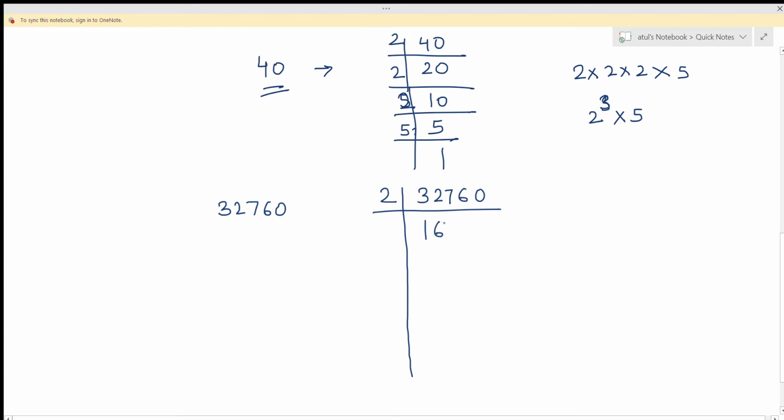So 2 threes are 6 again. So 16, 8, 0. Then again it is divisible by 2. So 2 8s are 16. 2 1s are 2. 2 9s are 18. Again 0. So it is again divisible by 2. 2 4s are 8. Then 2 0 I'll put because 1 is smaller than that, so 19. So I'll use 2 9s are 18 and then it's 5.